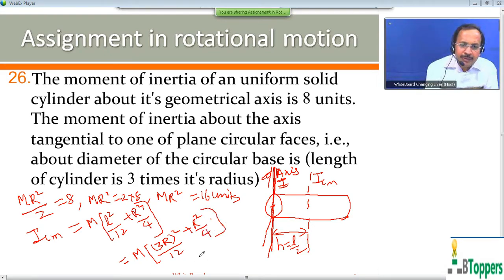Try to simplify this further. So you get the moment of inertia about the axis passing through its center of mass and perpendicular to its length. You will get mr square.